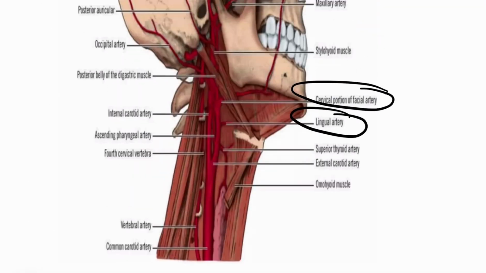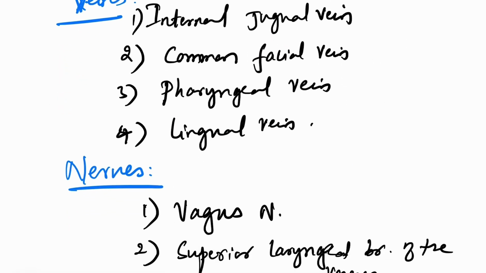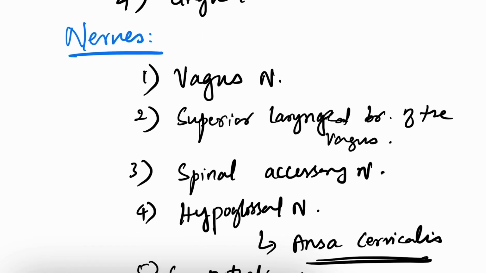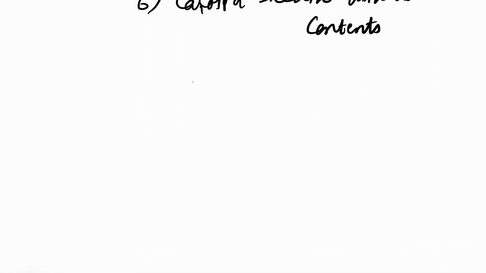Okay, and apart from these arteries, veins and nerves, even the lymph nodes are also seen. Let us see which lymph nodes are present in this carotid triangle.